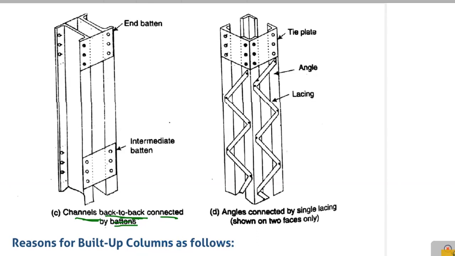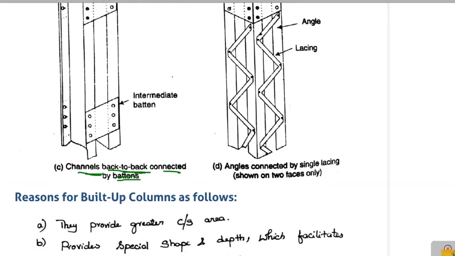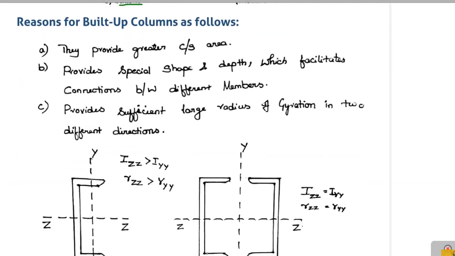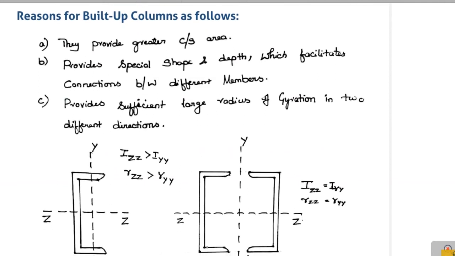Now, coming to the reasons for built-up columns. Of course, I already mentioned one of the reasons earlier. That is, it increases the load carrying capacity of the column. But how is that happening?